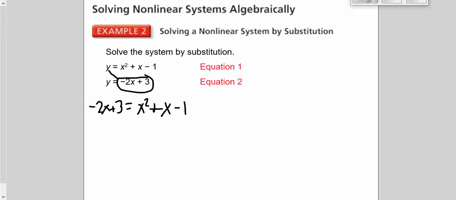Now we have an equation that only has x's and no y's, so we can solve.